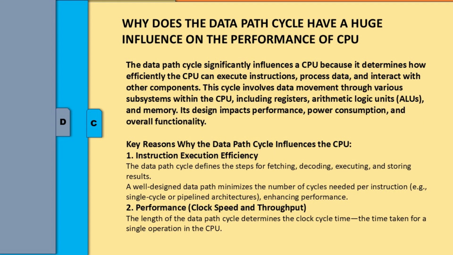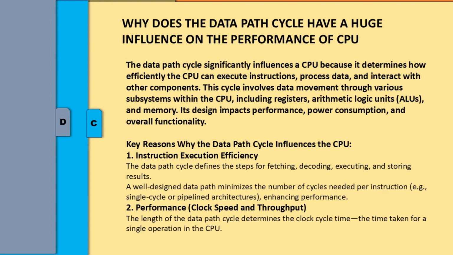Now to the first main question. Why does the data path cycle have a huge influence on the performance of the CPU? The data path cycle significantly influences a CPU because it determines how efficiently the CPU can execute instructions, process data, and interact with other components.